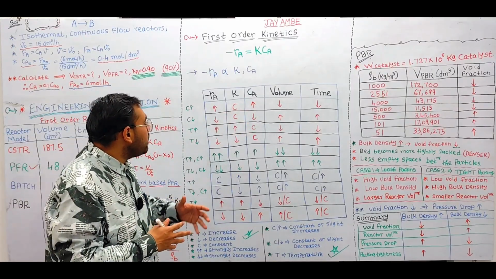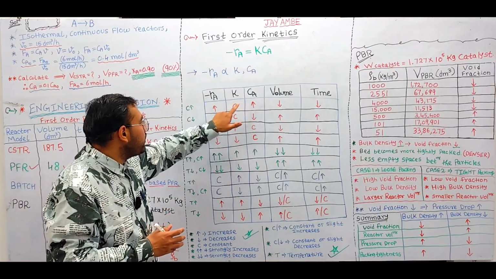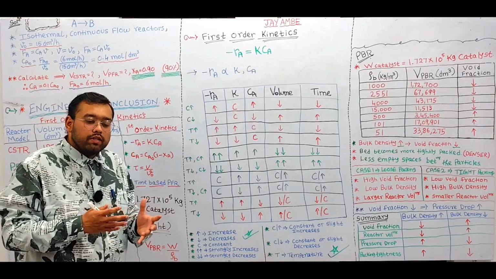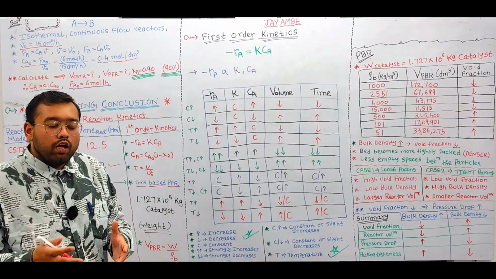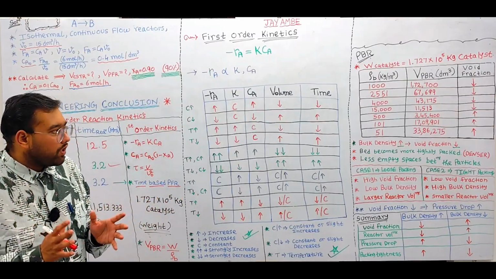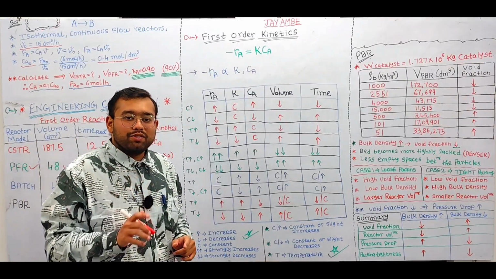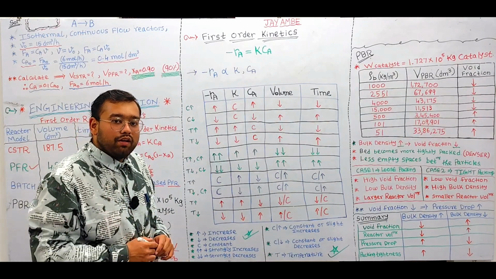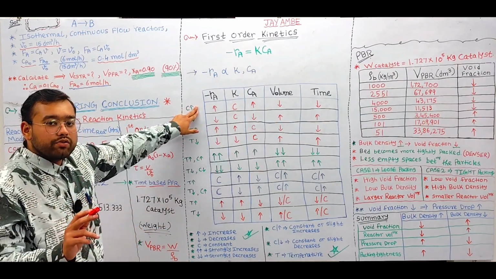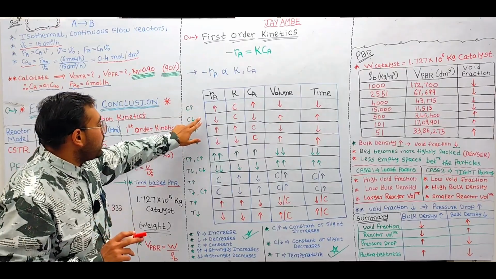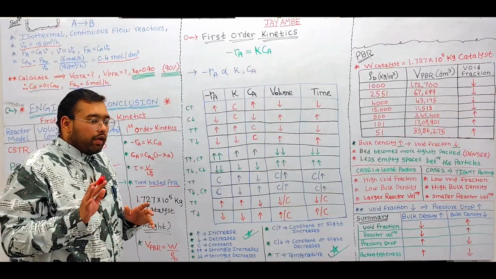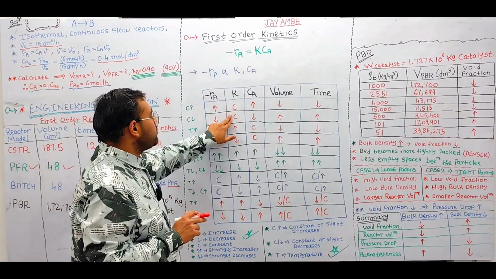The reaction rate will also increase, which means the speed of the reaction will increase, due to which we require a smaller reactor volume and lesser reaction time to achieve the desired conversion. I hope you have understood the first part. Here we have completed the understanding of the first part. Now we'll understand the second part. What if again I keep the rate constant as constant?